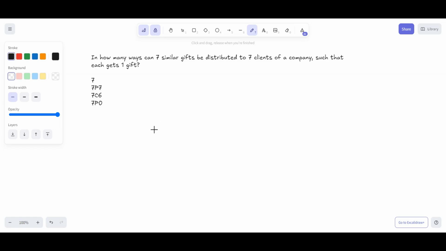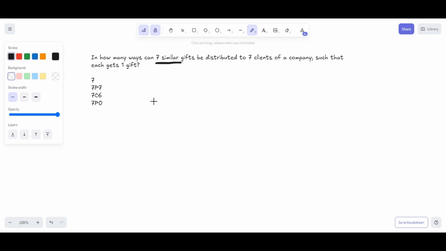If you check it, in how many ways can 7 similar gifts be distributed to 7 clients of a company such that each gets 1 gift? This is actually a very general question, but here you may be confused due to the word similar, because sometimes it's distinct, and if the word is distinct, then the answer is 7P7, but if it's similar, then the answer becomes 7P0. I'll explain.